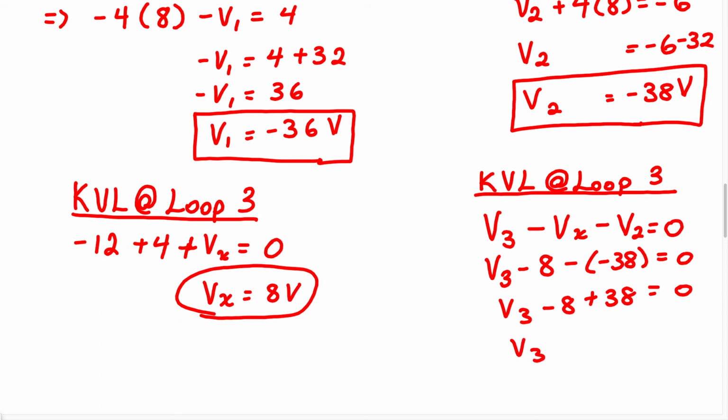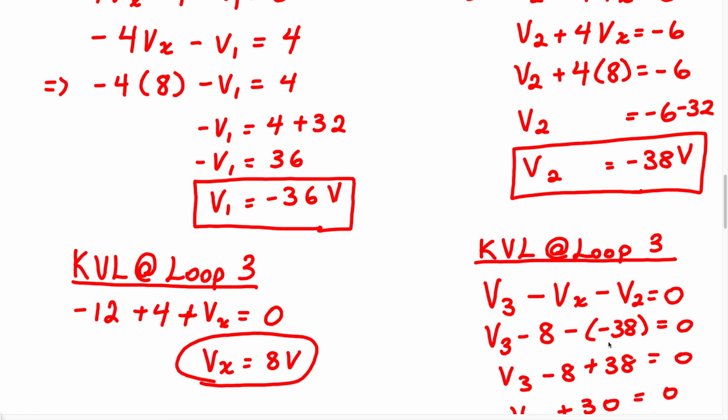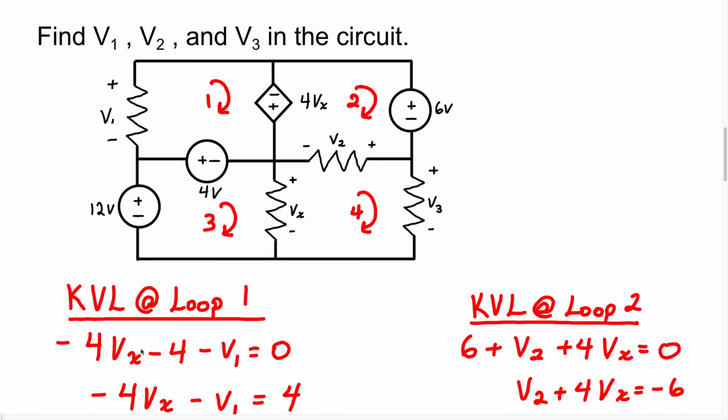V3 plus 30 equals 0. Therefore, we can say V3 equals negative 30 volts. So this is our answer for V3. Now that we have found the voltages V1, V2, and V3, we have successfully solved this particular problem.